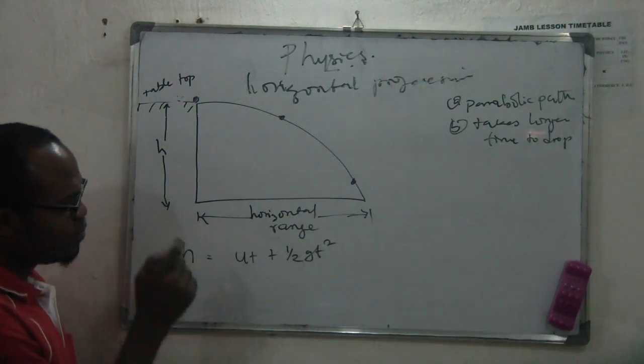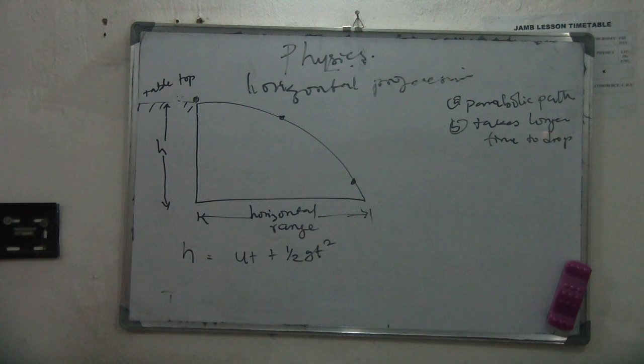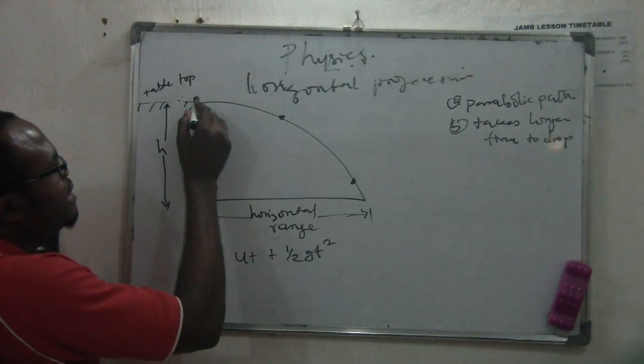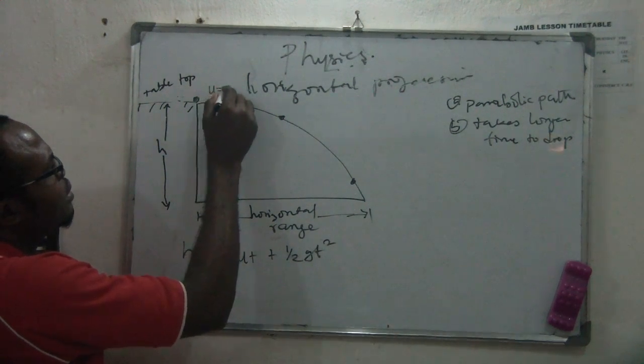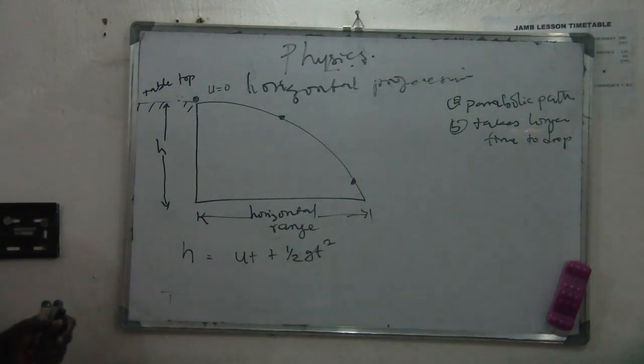Now, this is what we have to calculate the height. What is the initial velocity? Before this thing starts moving, what will the initial velocity be? 0, is it not?